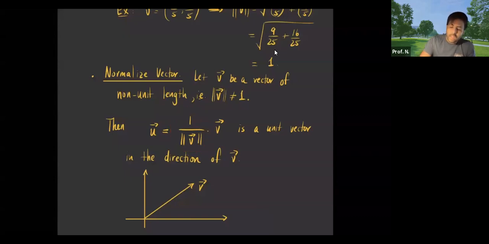And in doing so, I have shrunk it or maximized it in a way that creates a unit vector. Okay, so that's what we discussed last time in a nutshell. And now I want to touch a bit more on linear combinations.